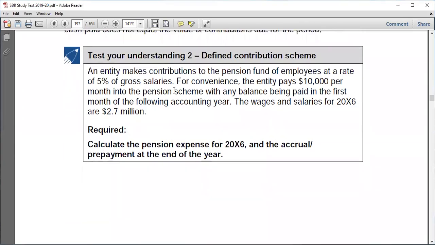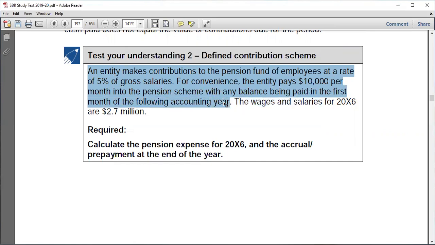Here is another example. They say defined contribution scheme, and then an entity makes contributions to the pension fund of employees at the rate of 5% of gross salary. So to obtain the contribution, take 5% and the gross salary. And then for convenience, the entity pays 10,000 per month into the pension scheme, with any balance being paid in the first month of the following accounting year.